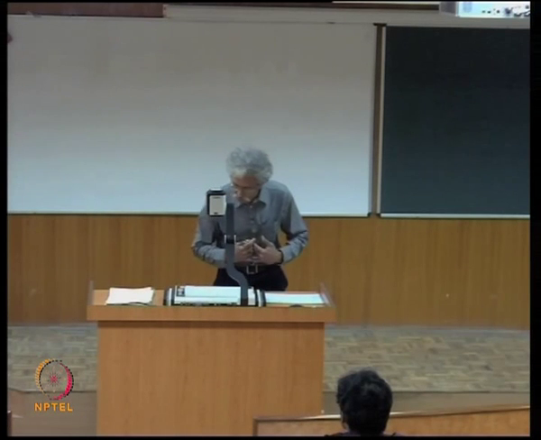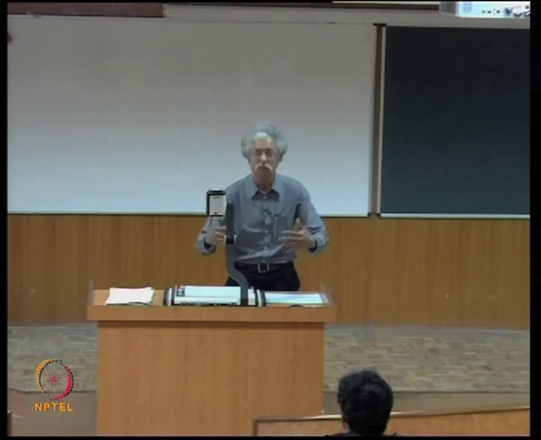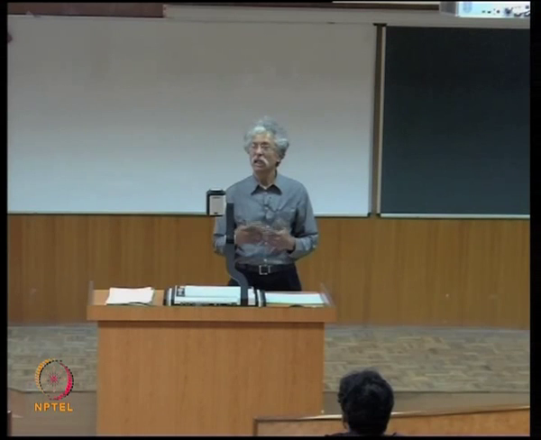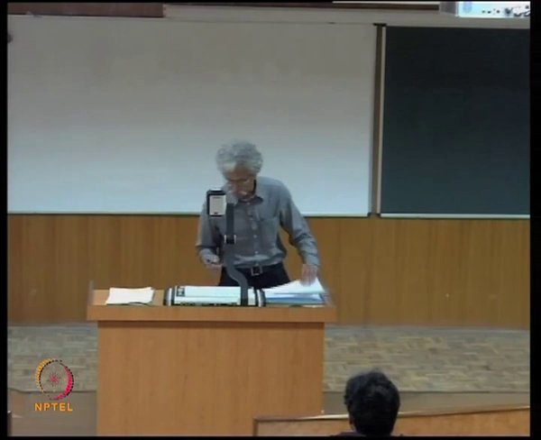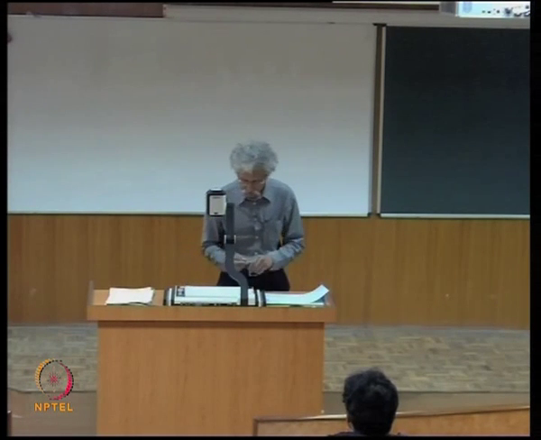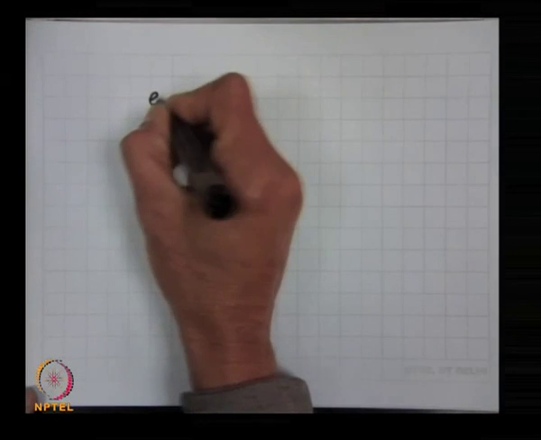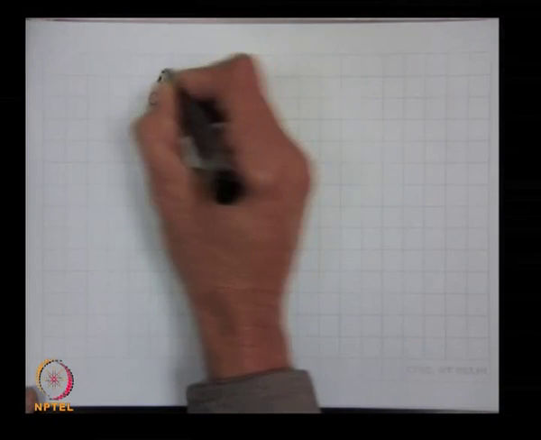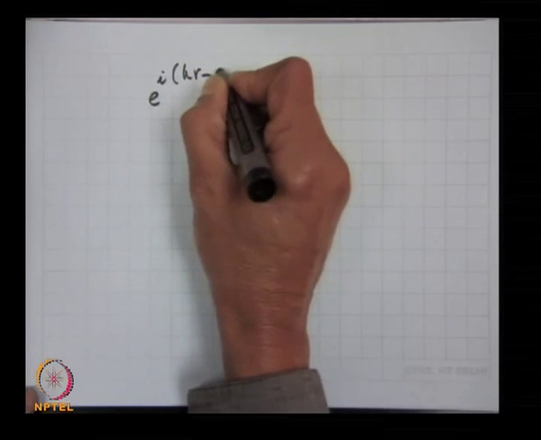So if it's a diverging spherical wave, it hits and becomes a converging spherical wave. How do I write an expression for a diverging spherical wave? Exponential of i(kr minus omega t) divided by r.